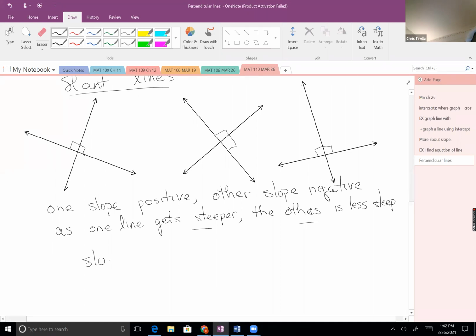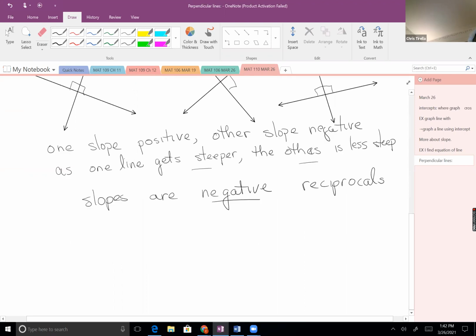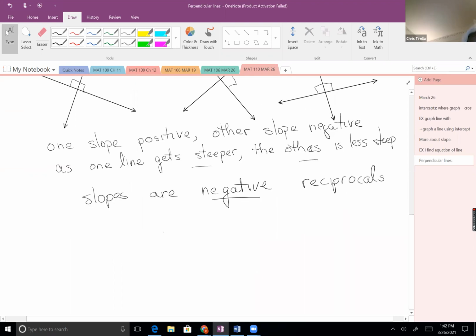So we say that the slopes are negative reciprocals. One's positive, the other's negative. And to say they're reciprocals, if one is A over B, I'd flip the other and get B over A.